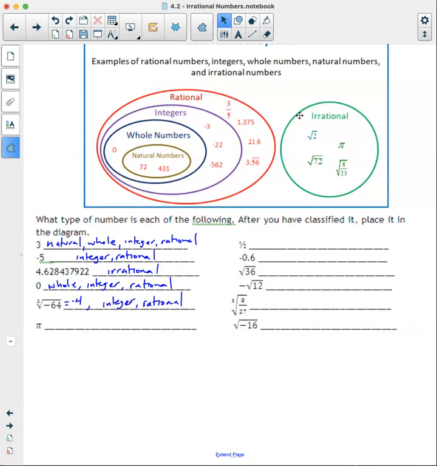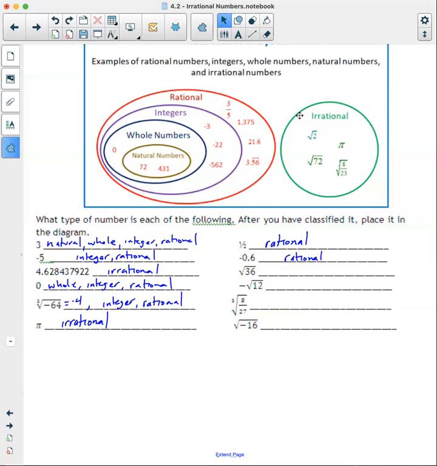Okay, this decimal does not end, and there's no pattern to it. Okay, 1/2 is represented as a fraction, so it is rational. Negative 0.6 is rational. The terminating decimal.